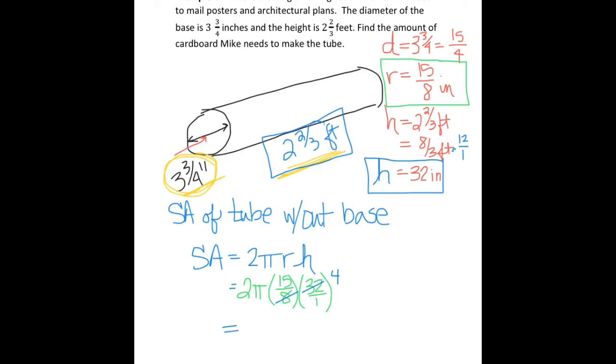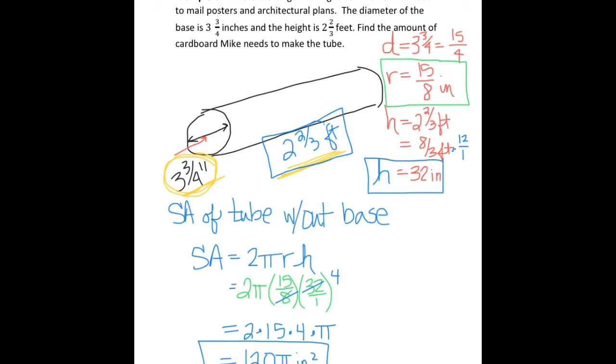So I really have 2 times 15 times 4 times pi. Well, 2 times 15 is 30, times 4 is 120 pi inches squared. Now, that's the exact amount.